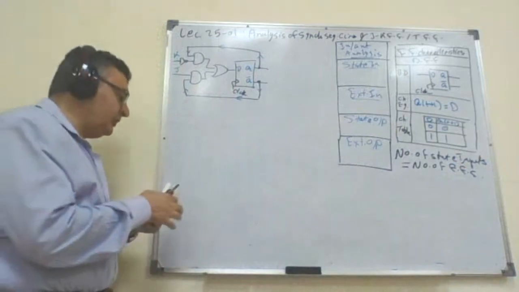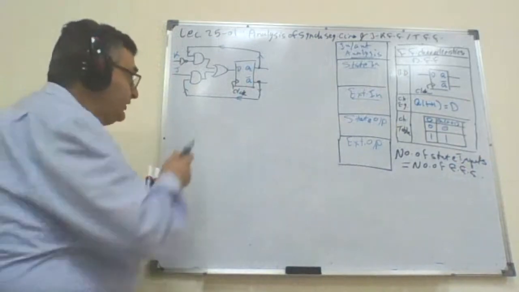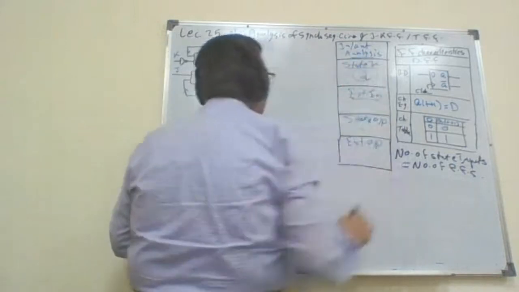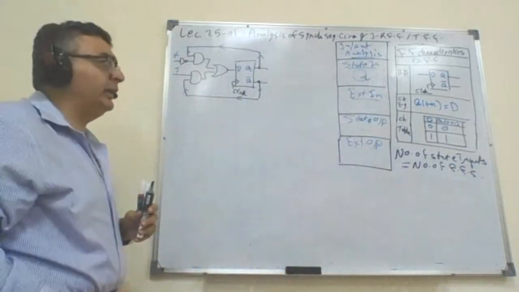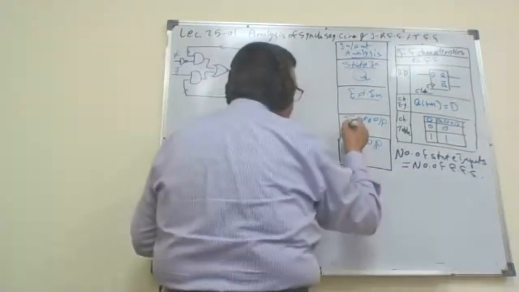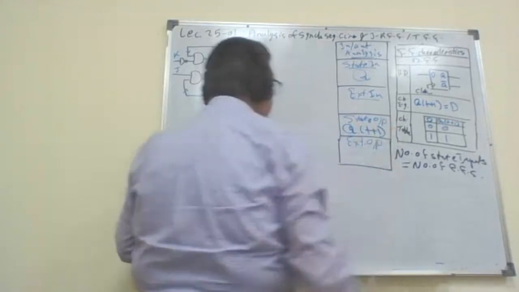How many PPs in this circuit? This circuit contains only one D flip-flop, one D PP. That means the state input is just Q. Accordingly, I also have one state output, which is the output in the future, Q(t+1).